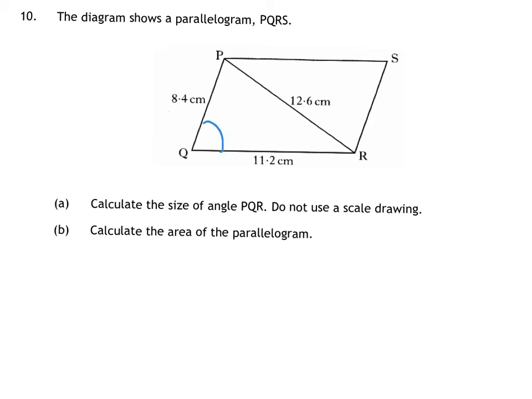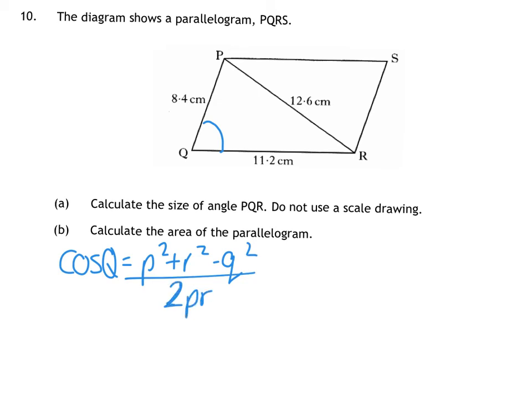Now in maths, when you're asked for an angle, I always say, right, try cosine rule. The cosine rule formula needs 3 sides, and that's what it is. So it's going to be cos Q equals p squared plus r squared minus q squared all over 2pr. Now, you don't necessarily need to change the letters at all.